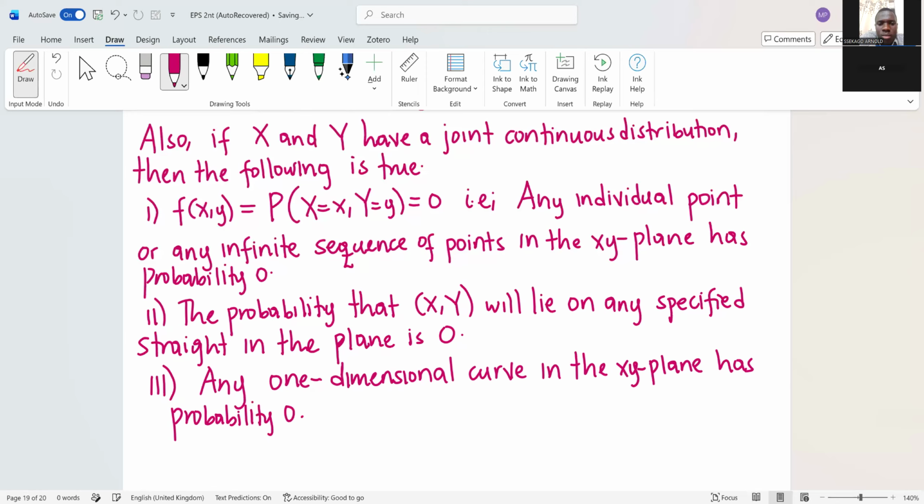That's probability. Let us now look at some examples.